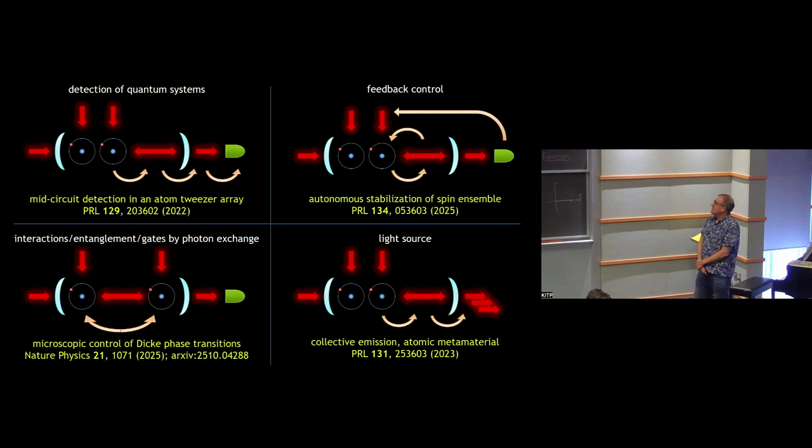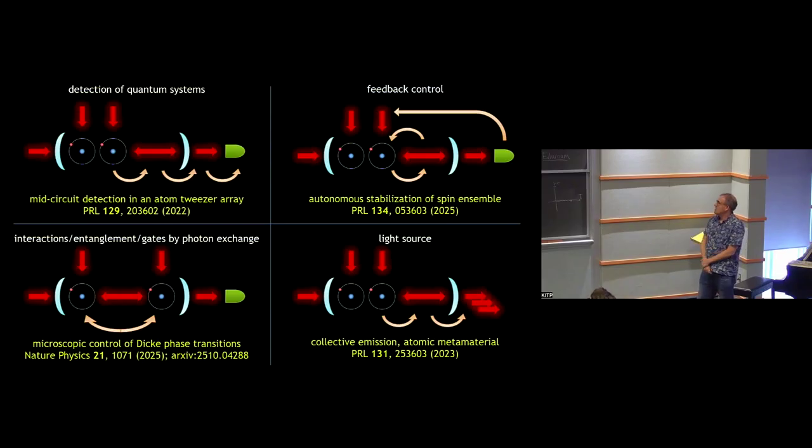You can also use the information you've gathered to apply feedback control to a quantum system. That feedback can either be measurement-based, where you obtain classical information and then feed it into the quantum system, or it can even be built in autonomously into how the quantum system is constructed. We have some work on that which I will not talk about here.